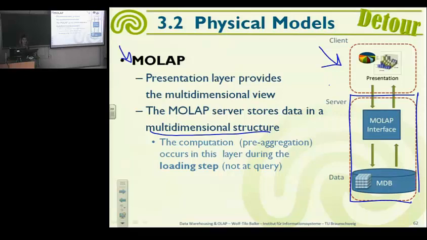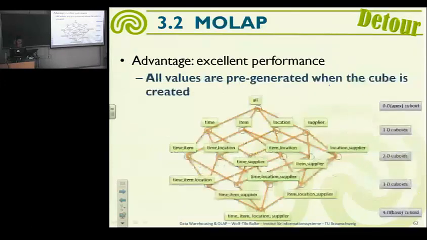And all the pre-aggregations are already stored there. So you have the cube, and the pre-aggregates have been computed, and they're stored on top of the cube. And it's done in the loading step, so it's not done on the fly on the query. The aggregates are already computed and stored, so easy to access.